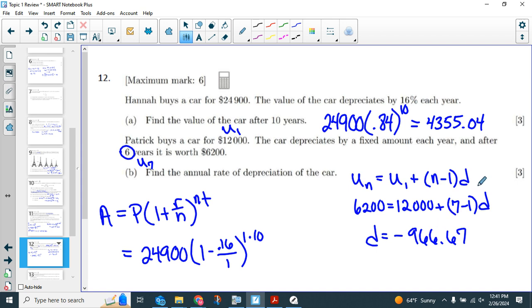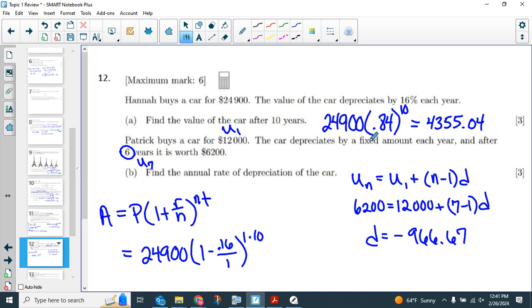I mean, no, it depends on how it's worded. When they ask for depreciation, giving a positive value is fine because it's understood that it's being taken away. No, because it's a fixed amount.